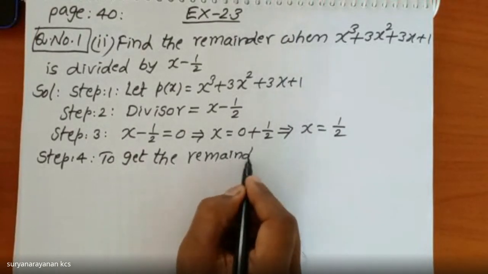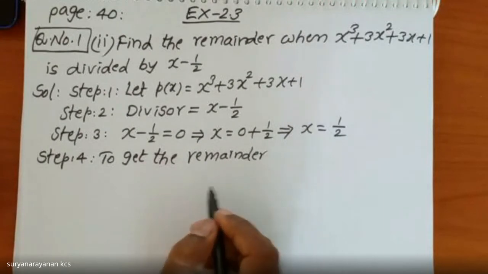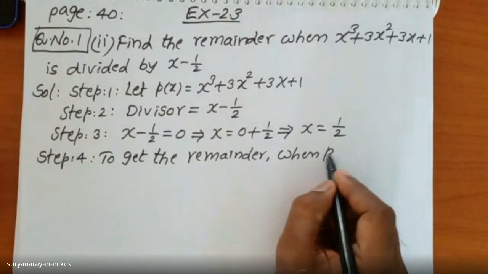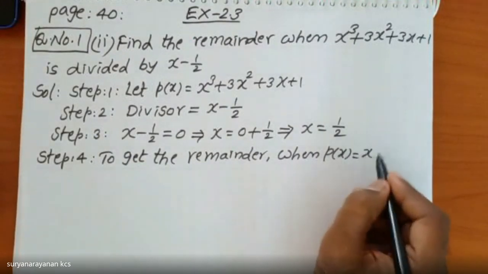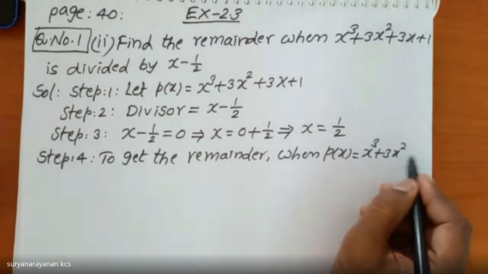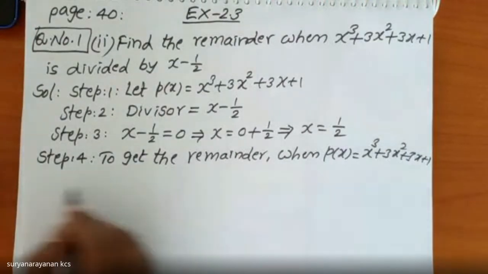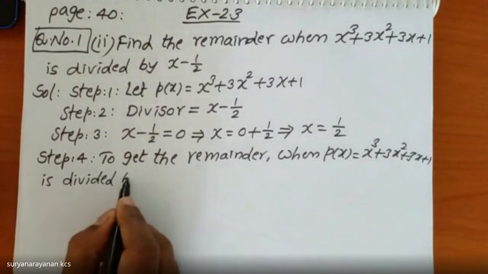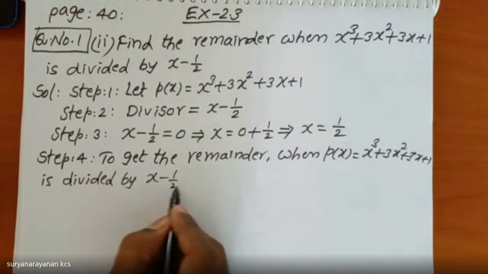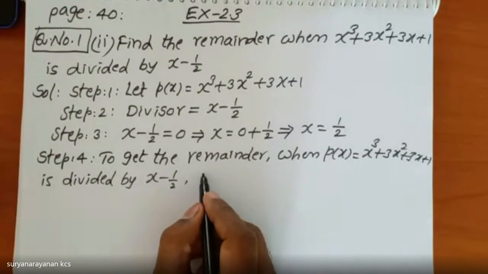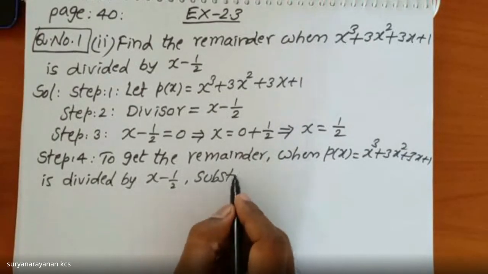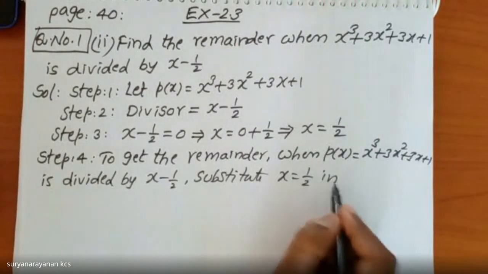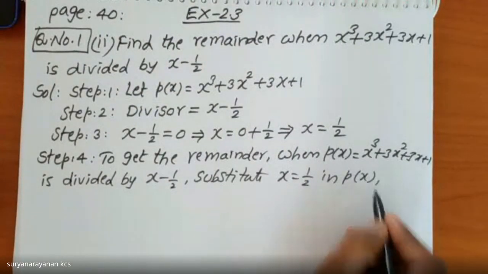I'm writing the same steps here, my children. To get the remainder, when p of x, that is x cube plus 3x square plus 3x plus 1, is divided by x minus 1 by 2, substitute x is equal to 1 by 2 in p of x.